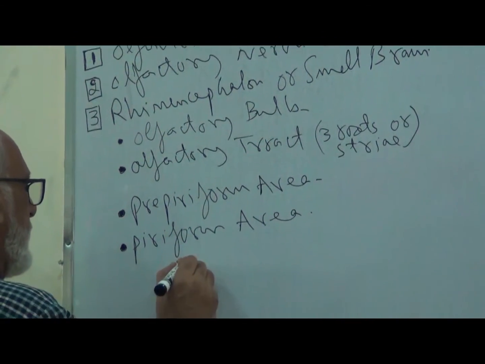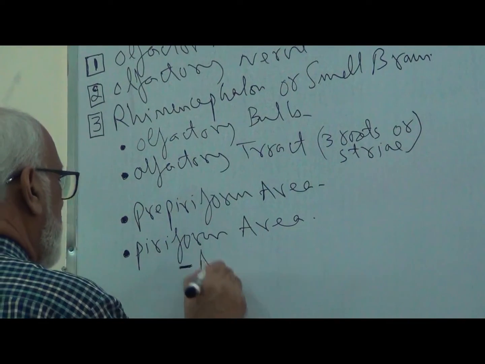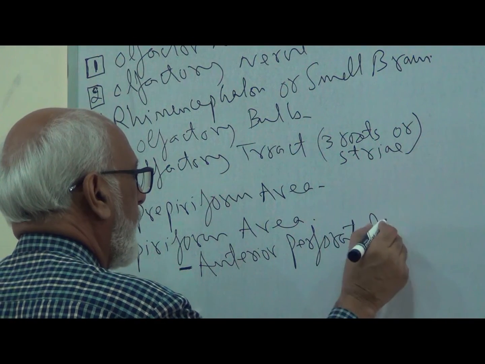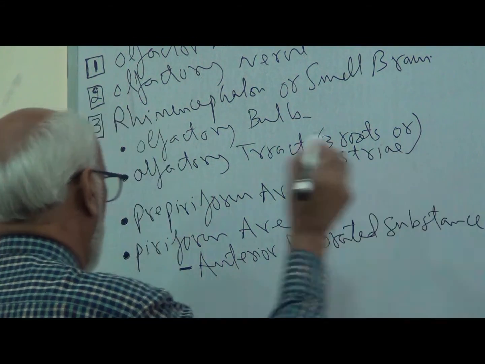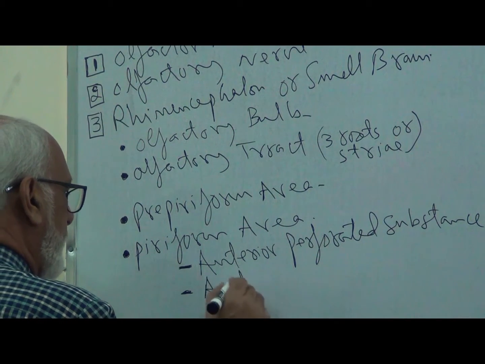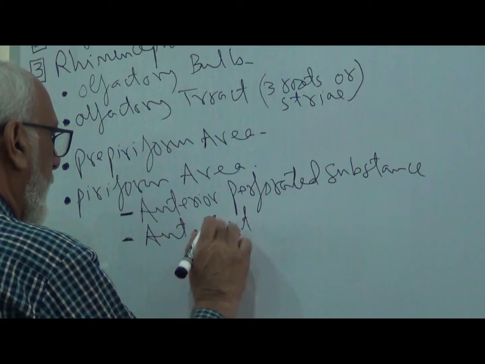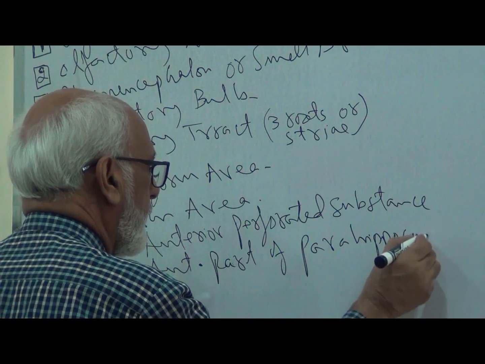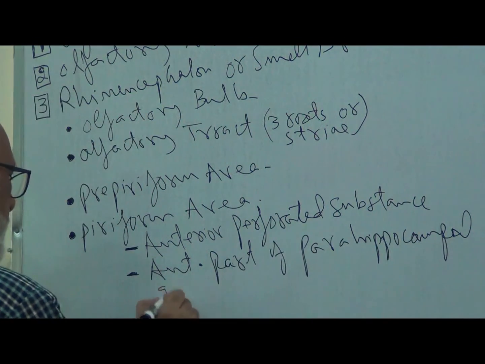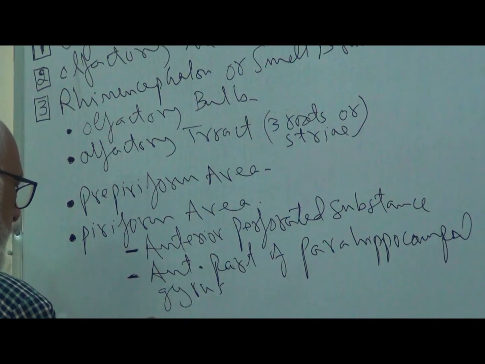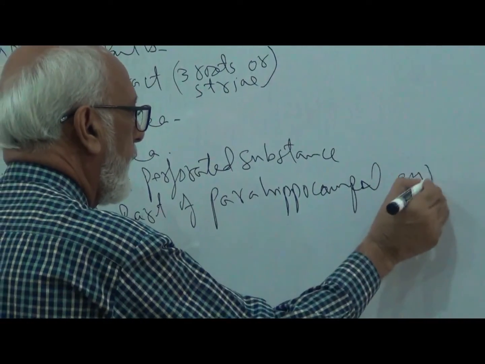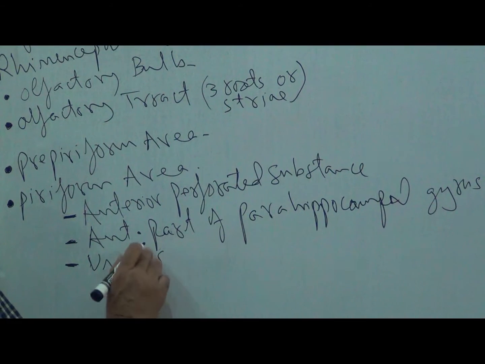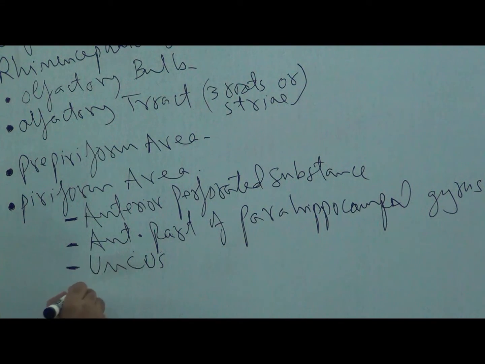The pre-piriform area further comprises different parts like the anterior perforated substance, the anterior part of the para-hippocampal gyrus, next is the uncus, then the amygdaloid body.